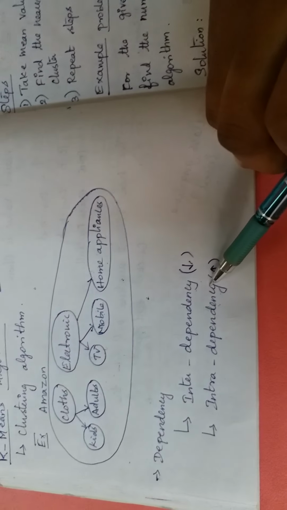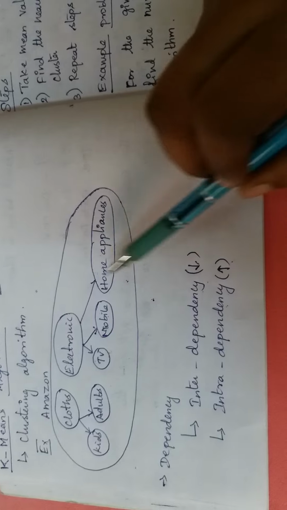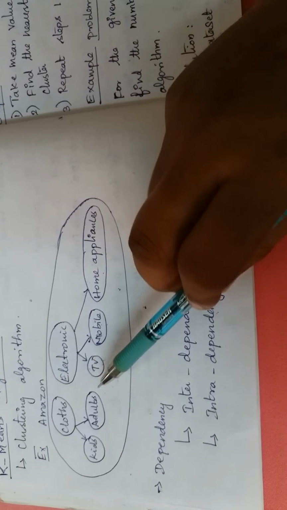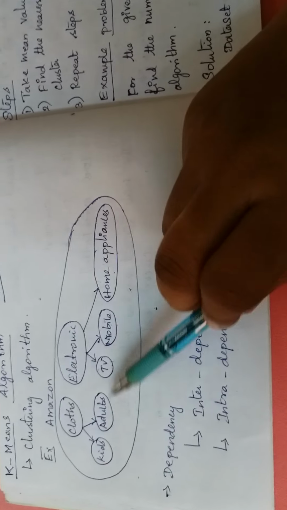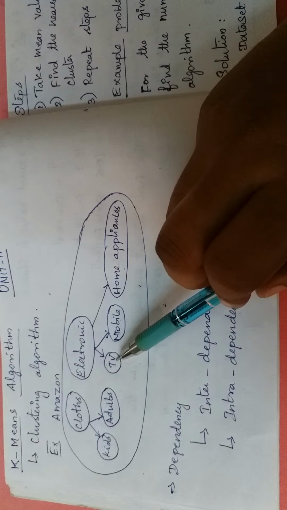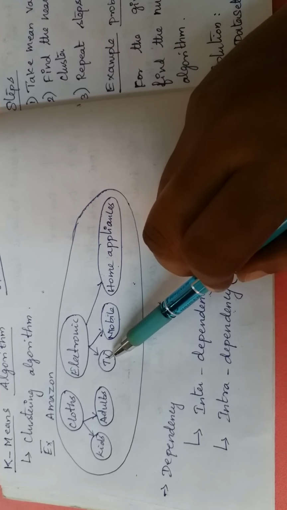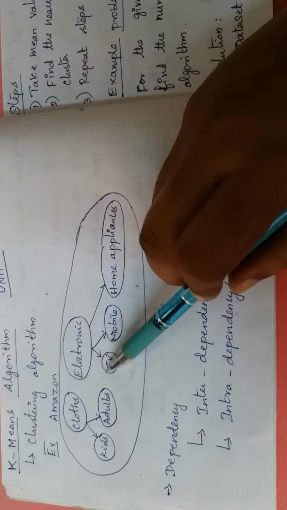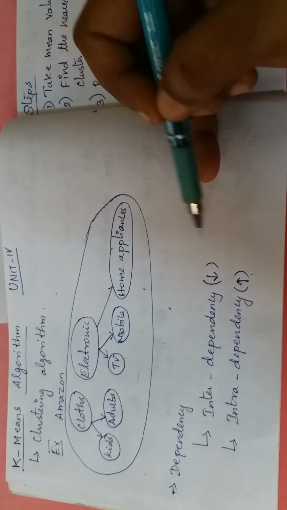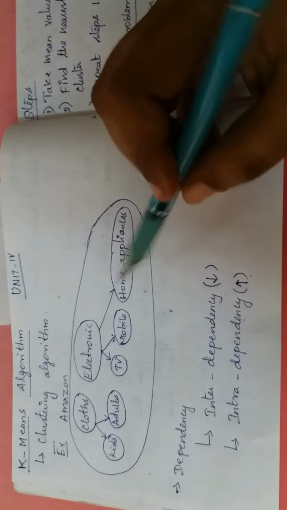When I am going to compare the dependency from this cluster to this, or from this to this, or you can also compare these two things, if you are comparing like that, these two clusters comparison is going to be mentioned as interdependency. Within this cluster it is going to be mentioned as intradependency. Clear? So this is the basic about your clustering.